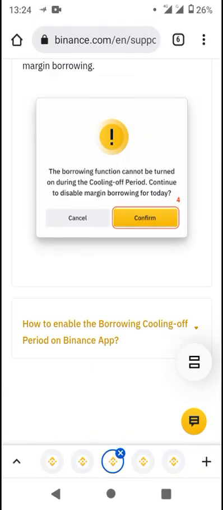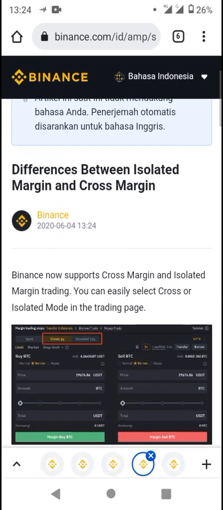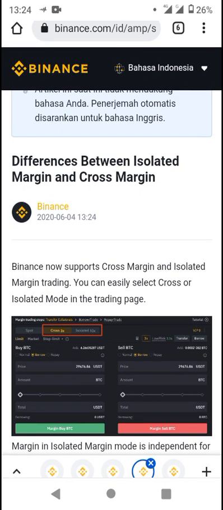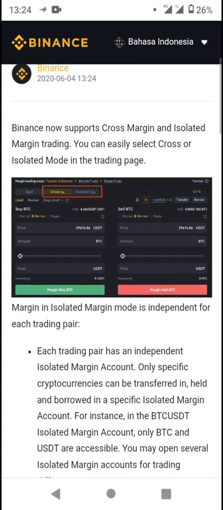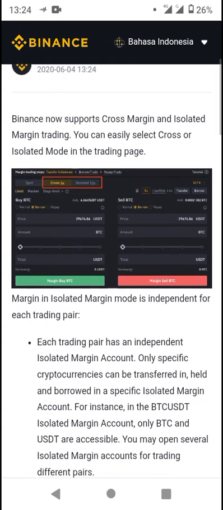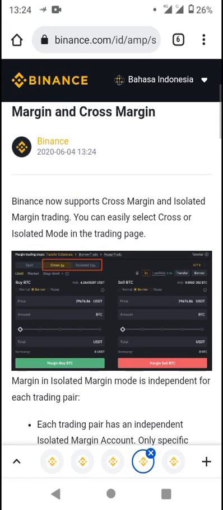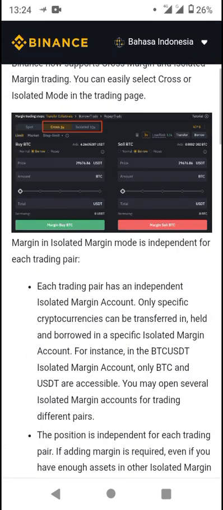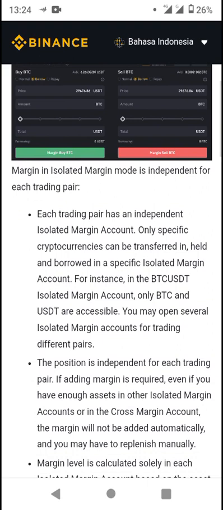We're now going to look at Binance margin trading and some of the differences between isolated margin and cross margin. Binance supports cross margin trading and isolated margin trading. The major difference between these two types of trading is that they have different leverages. For isolated margin trading, each trading pair has an independent isolated margin account.